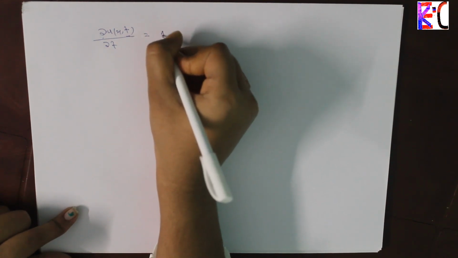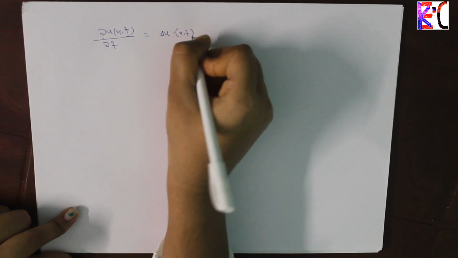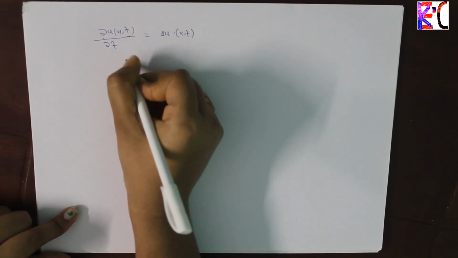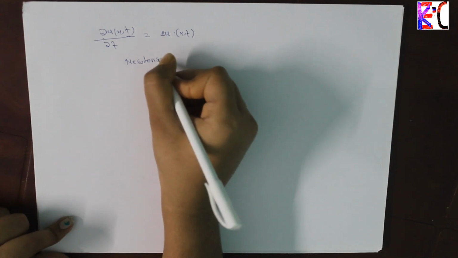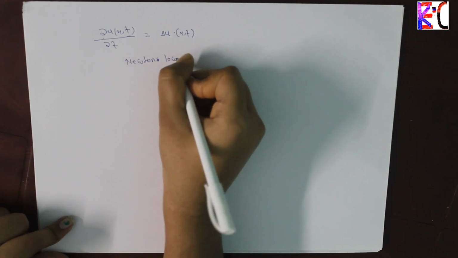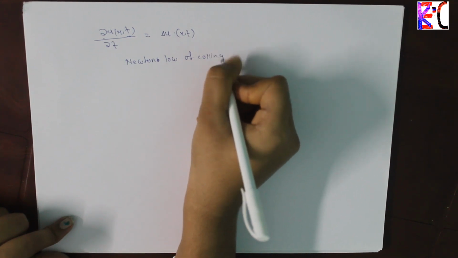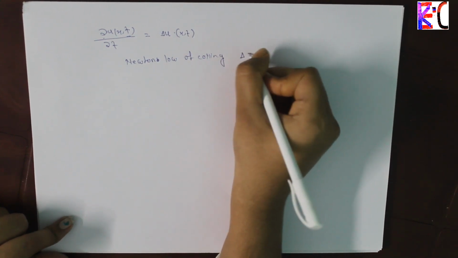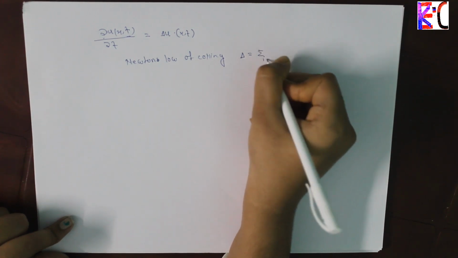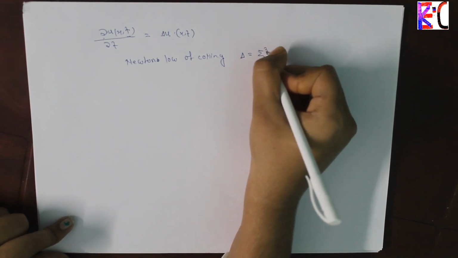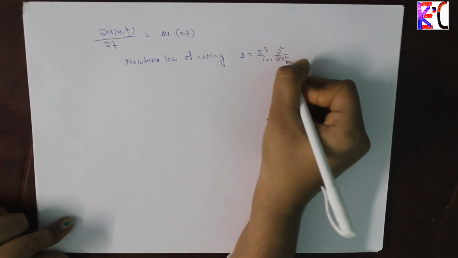Newton's law of cooling is delta equal to the summation of i equal to 1 to 3 of del square by del x square.